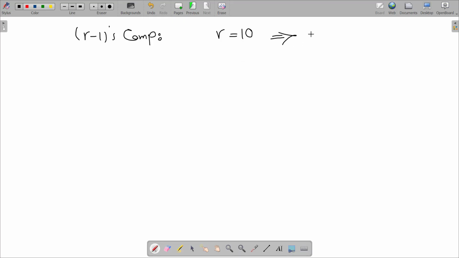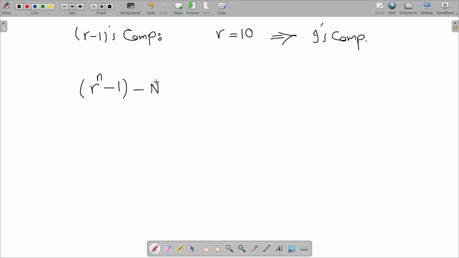So R minus 1 will be equal to 9's complement. In the decimal system, the 9's complement is found using this general formula: R to the power of n minus 1 minus n.